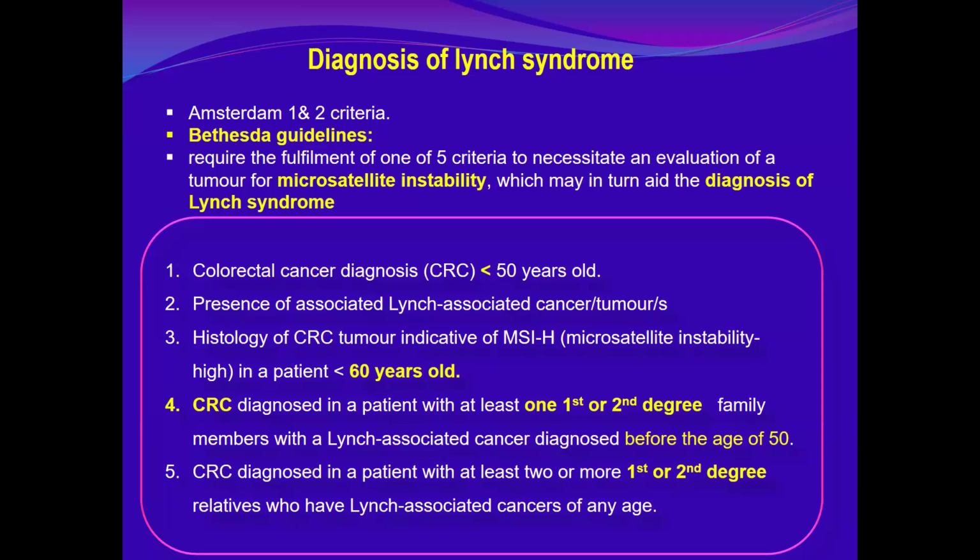These are the 5 criteria of the Bethesda guidelines, and fulfilling one of the 5 necessitates an evaluation of a tumor for microsatellite instability or aids in the diagnosis of Lynch syndrome.